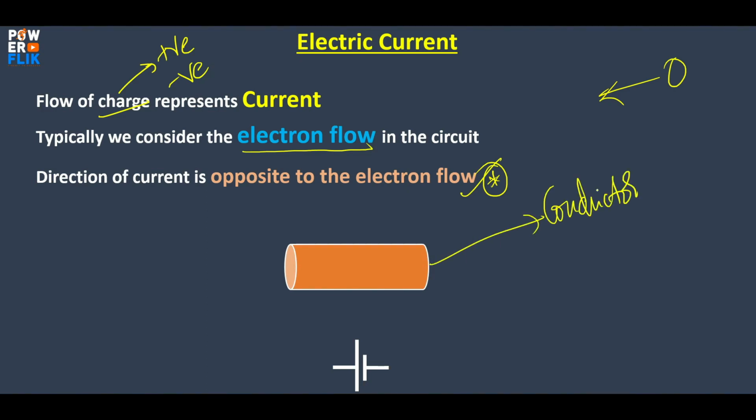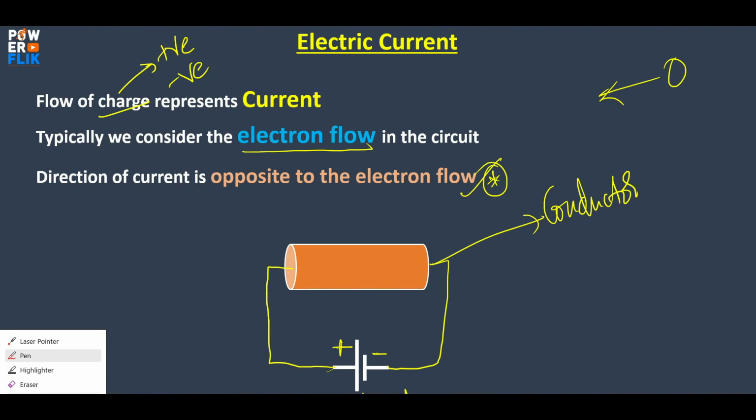Now I am connecting the negative of the battery. This is the symbol of the battery. The short leg will be the negative of the battery and the tall leg will be the positive. So I am connecting like this.